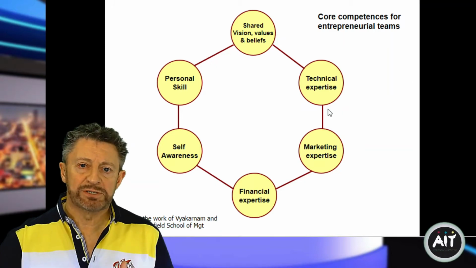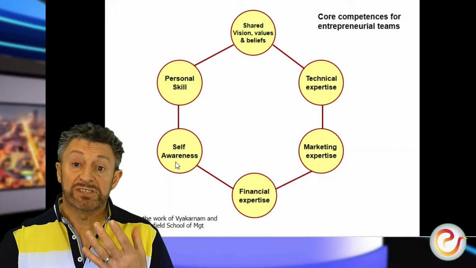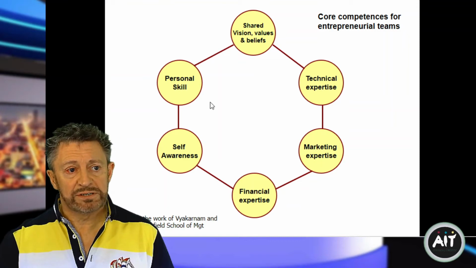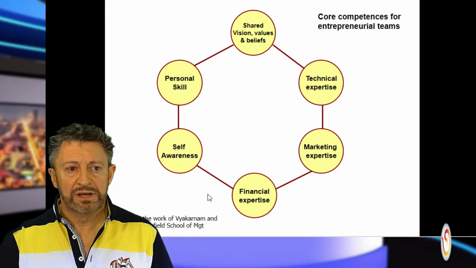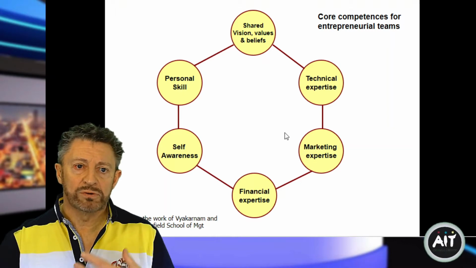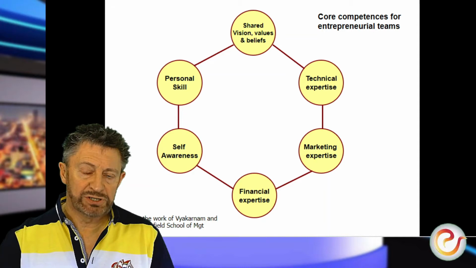We have technical expertise within the team. We have marketing expertise, financial. We have self-awareness, and we have personal skill. So you see the personal side of things and the technical side down here, all working toward a common goal. They're all inextricably linked in some shape or form.